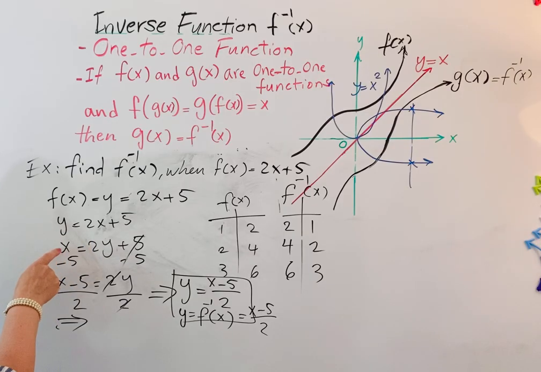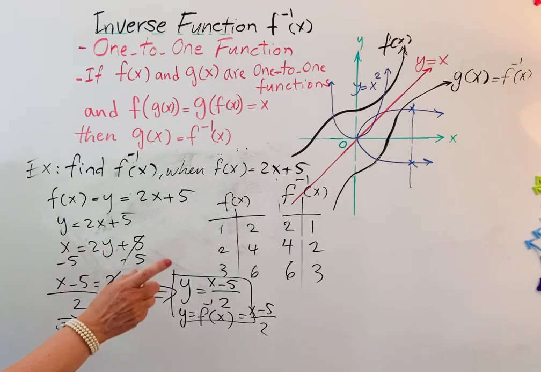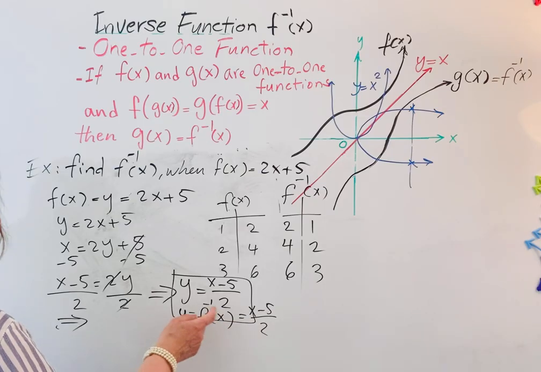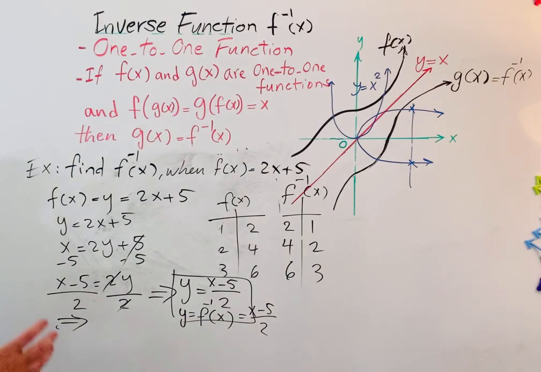For any y, we can write x, for any x, y. And we solve this equation for y. And this new equation, y equals something, is the inverse function. Okay, hope you like this example. I will come back to check this one with new examples.